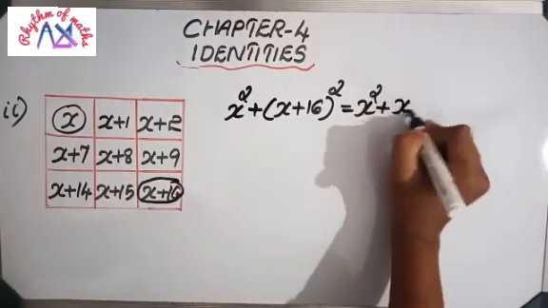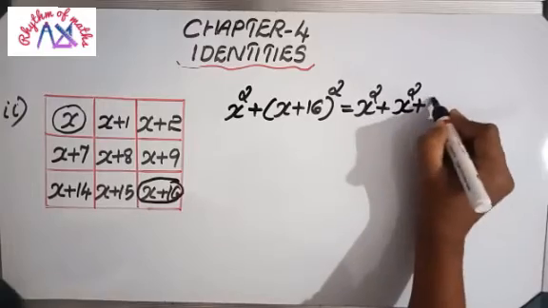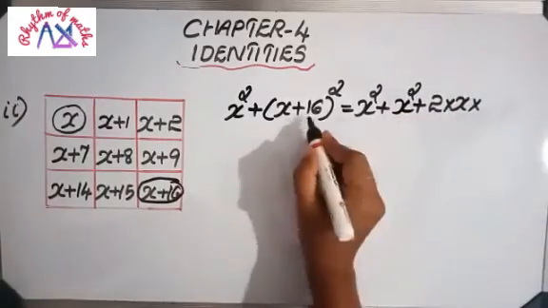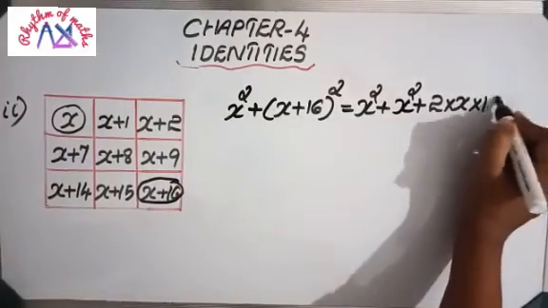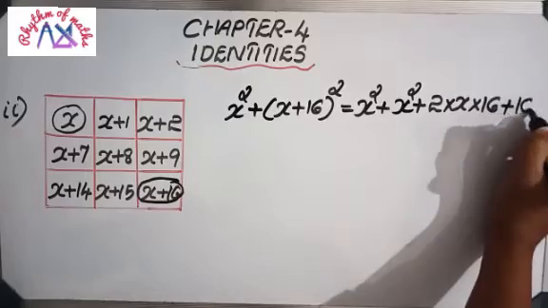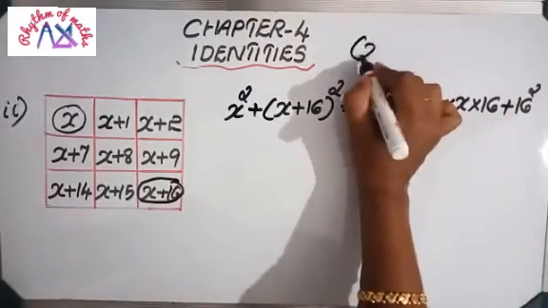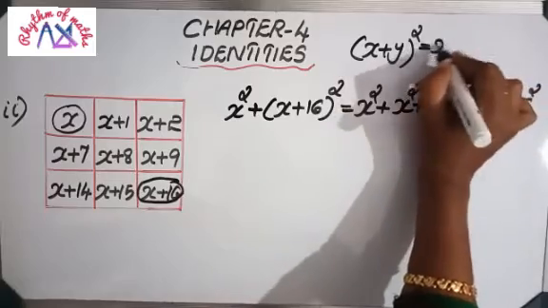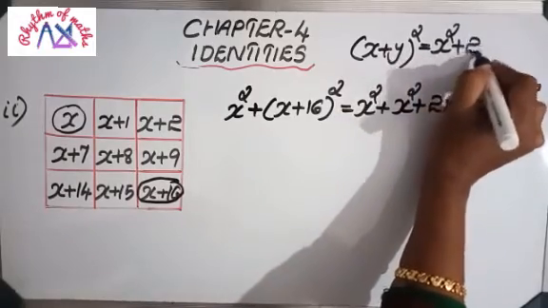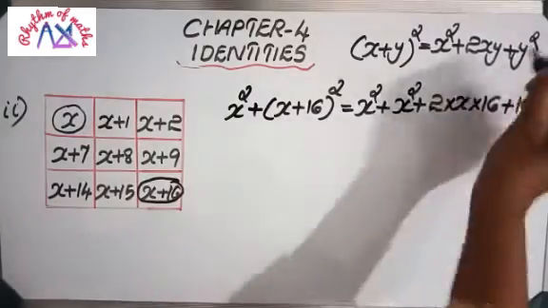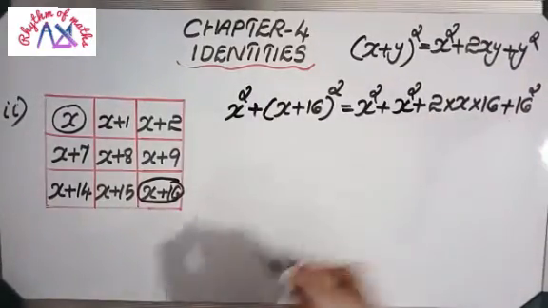So answer will be x square plus 2 into x into y, which is 16 here, plus y square. Y square means 16 square. This is the identity. Okay, don't forget this. X plus y the whole square is x square plus 2 into x into y plus y square. This is the identity that you must use here.